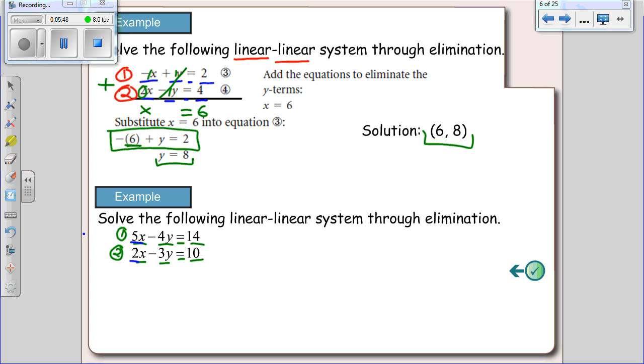And if you remember what lowest common multiples are, the lowest one would be 10, because 5 times 2 would be 10, and 2 times 5 would be 10. So I'm going to multiply this entire first equation by 2. And I'm going to multiply the entire second equation by 5.